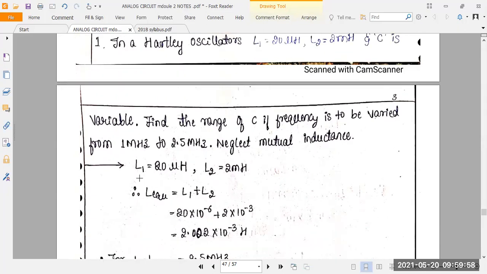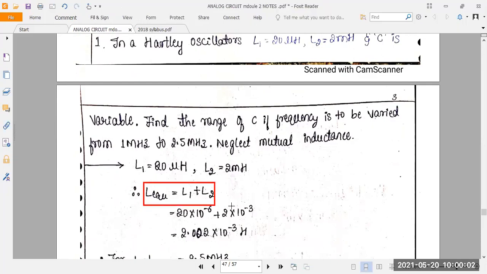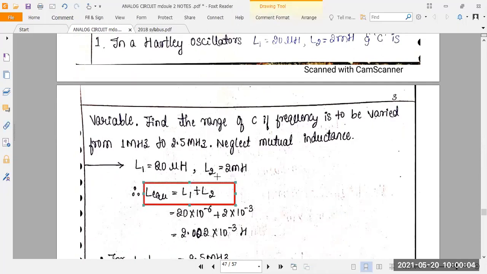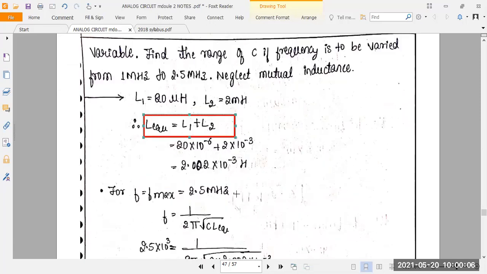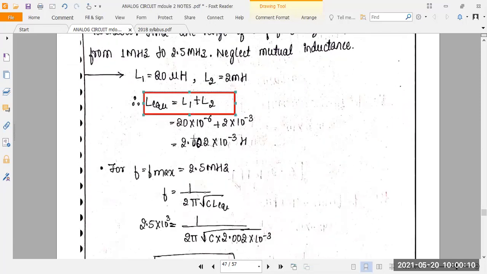First find L equivalent. Make it a series connection, L1 plus L2. Adding them, you get L equivalent as 2.002 into 10 raised to minus 3 Henry.